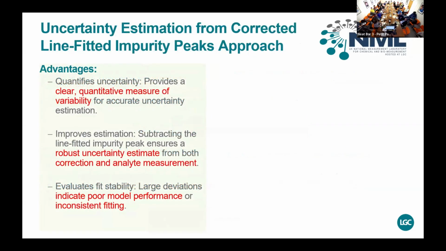The advantage of this type of uncertainty is that it's a clear, quantitative measure of the variability. It can be a robust way of estimating the uncertainty when you're correcting for the analyte and measurement, and it can also indicate if your model performance was inconsistent or poor.